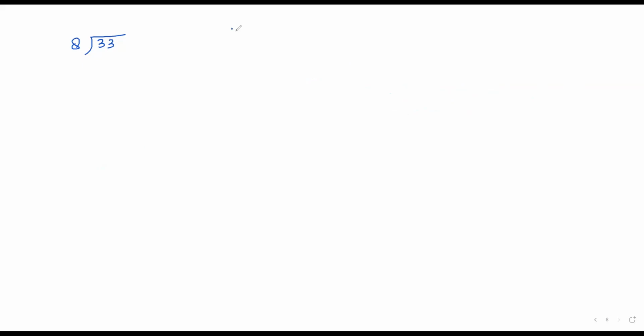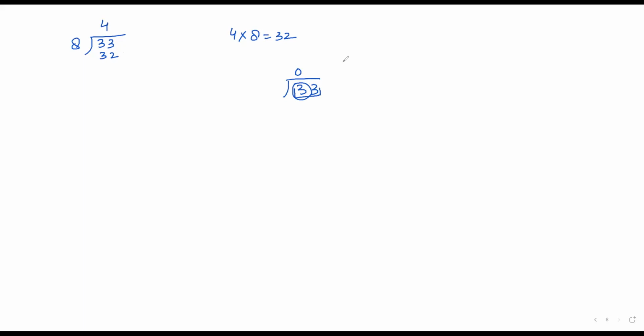First of all, we know 4 into 8 is 32. So 4 times it will go exactly, 32. Now, Jaslyn, I think the mistake you are making is with 33: you are looking only at the first number, which is obviously smaller than 8, and therefore you are putting a 0. When the first number is smaller, you look at the next two.